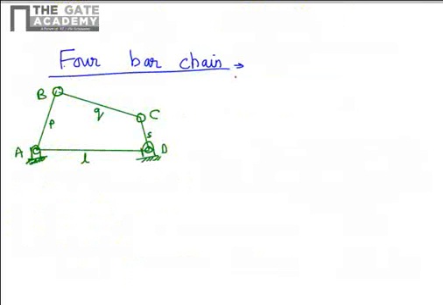So now we come to a very important condition in 4-bar chain formation, that is called the Grashof condition.